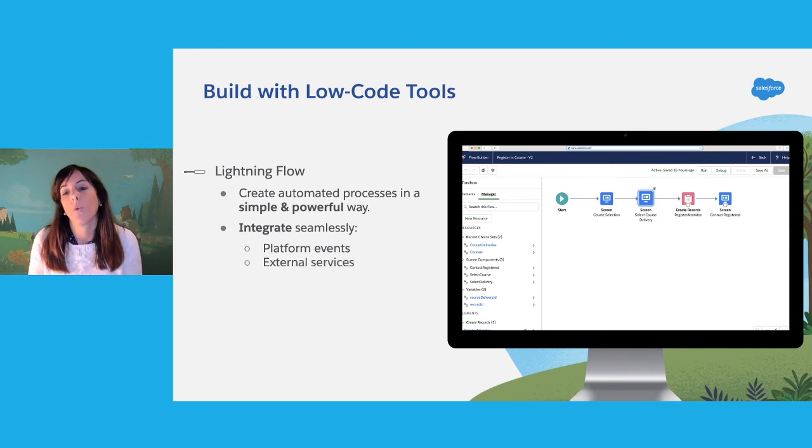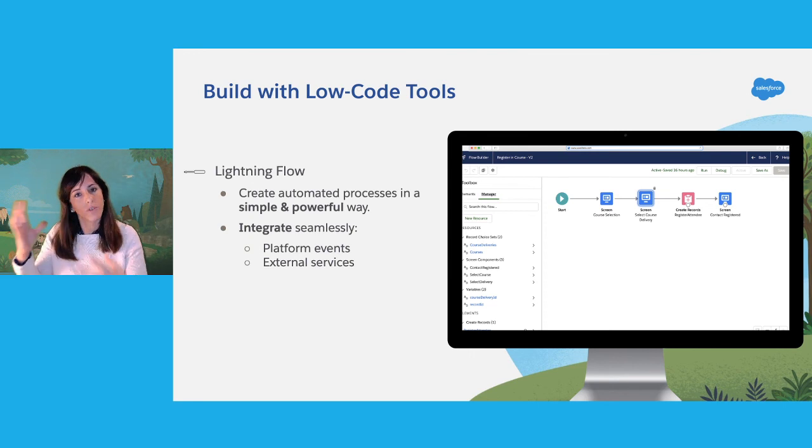We can also, with external services, if you have an external endpoint which follows the Open API standard, convert that into an endpoint that you can call declaratively from Lightning Flow. Basically, what happens is that an Apex invocable method is created behind the scenes, but you can do that with no code knowledge, and that will work very, very fine.